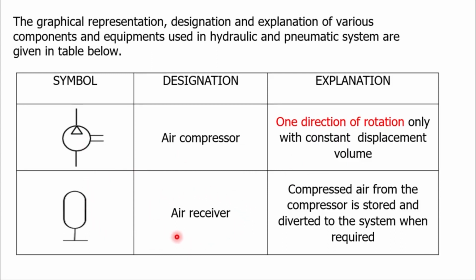For the air receiver, we use an oblong shaped representation. Compressed air from the compressor is stored inside the air receiver or tank. To have a double direction of rotation, we add one more triangle. If we add one more triangle in a downward direction, that provides the double action.